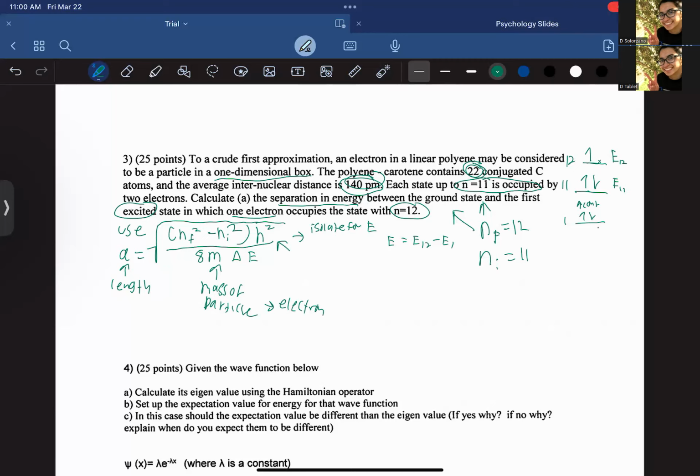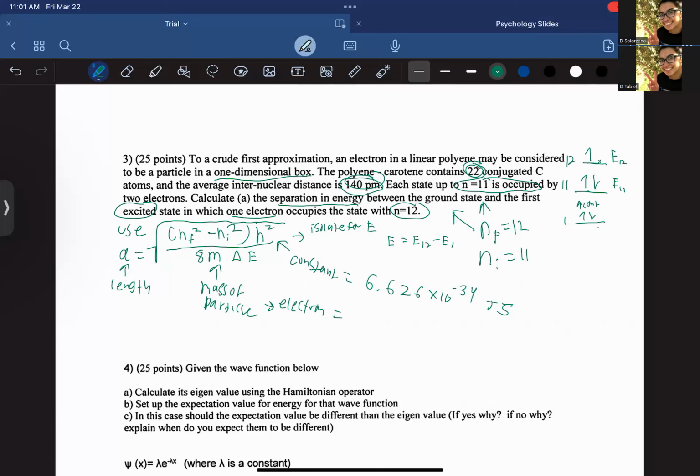H is our constant, which I believe, according to my notes, is 6.626 times 10 to the negative 34 joule seconds.